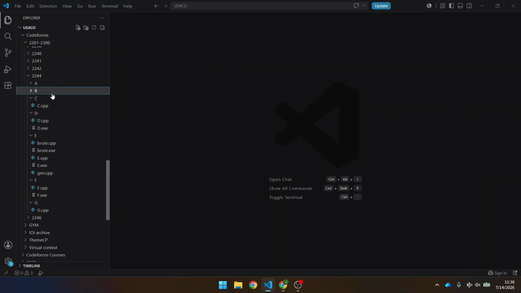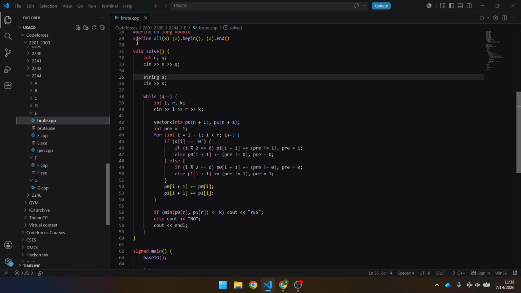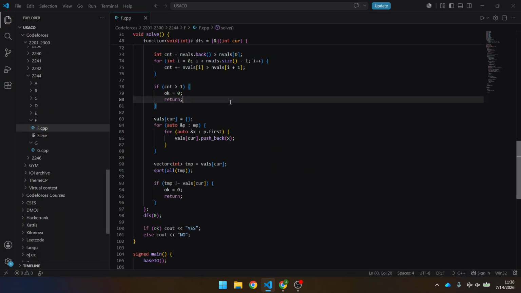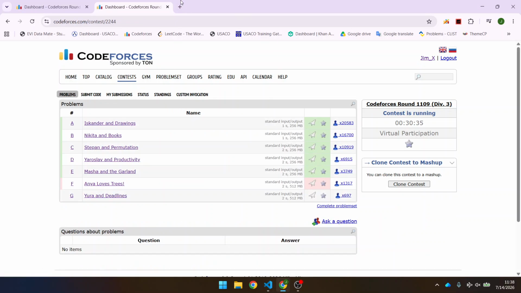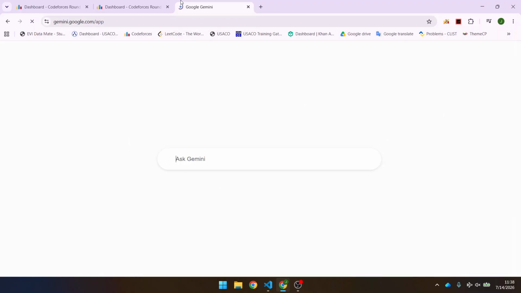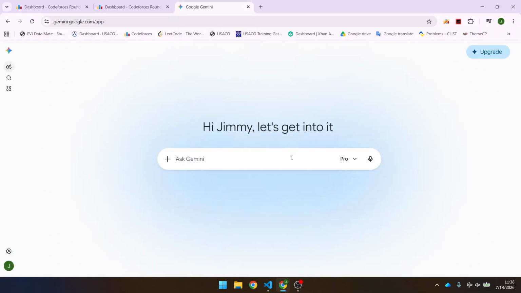And because this is more of just me solving it, I think I will just ask AI really quick how to make this more memory efficient.